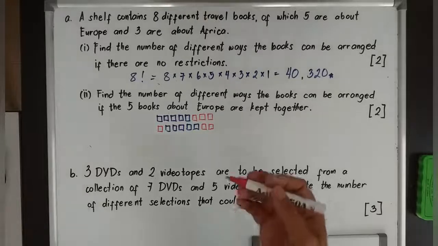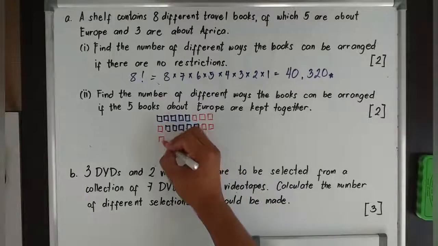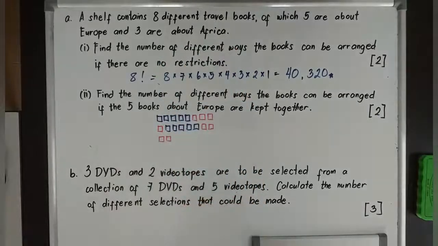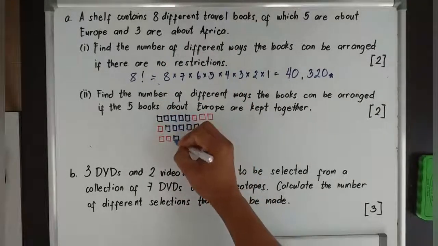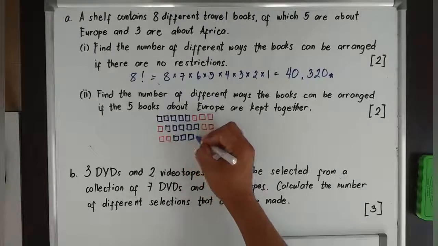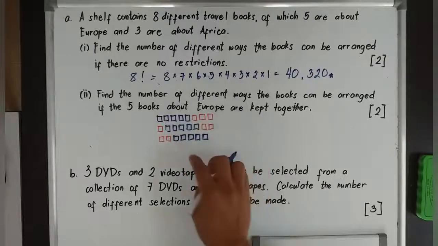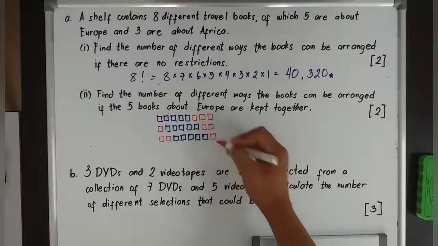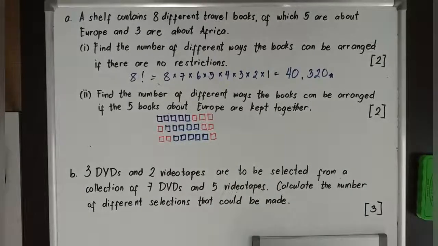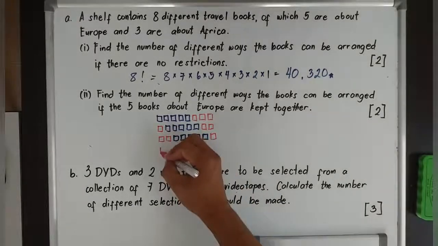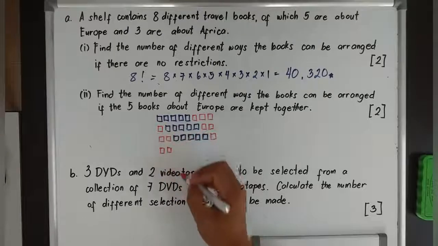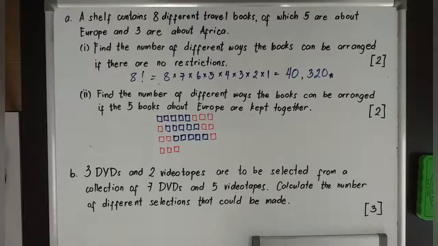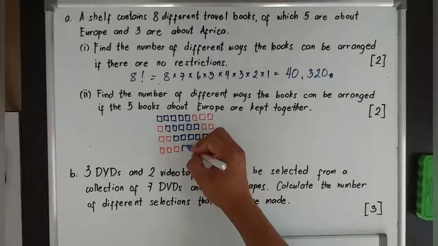There's another 2, wherein 2 of the books about Africa will be first, and then I'll have the 5 books about Europe that will be kept together, and then 1 book about Africa, the last one. And also, I can keep those 3 books about Africa all together first, and then followed by the 5 books about Europe.